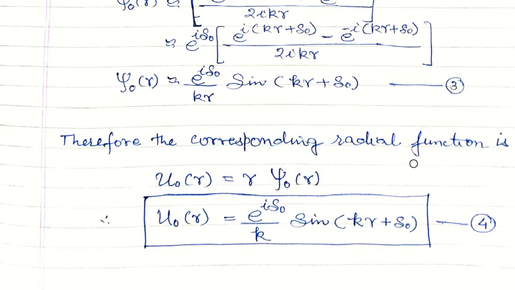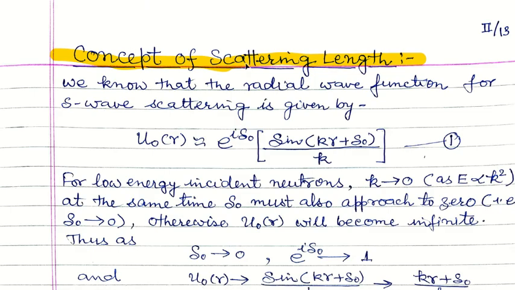This radial wave function we have evaluated because we will use this wave function in the next topic, which is the concept of scattering length. So the same wave function we are using here, where the k we have replaced.